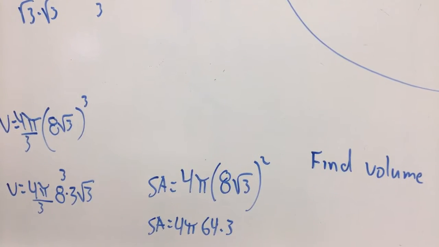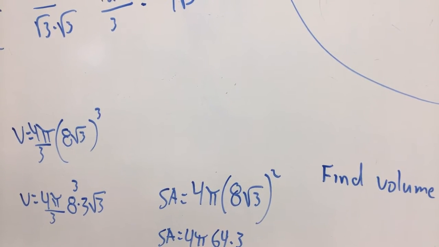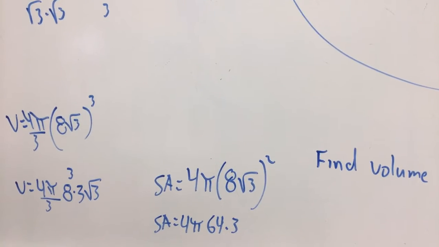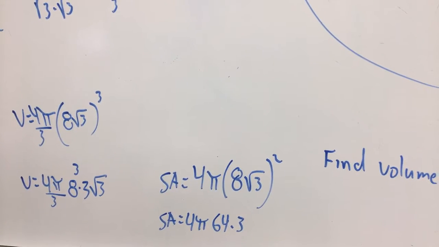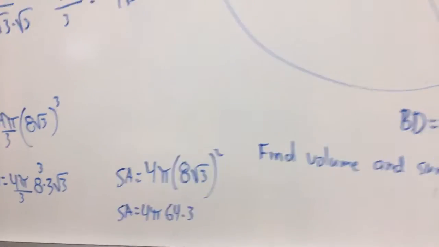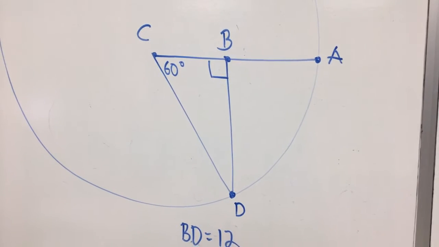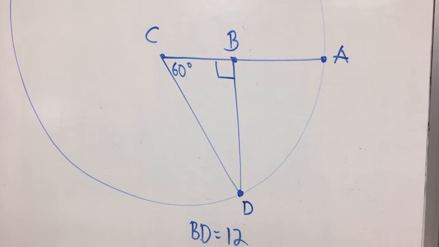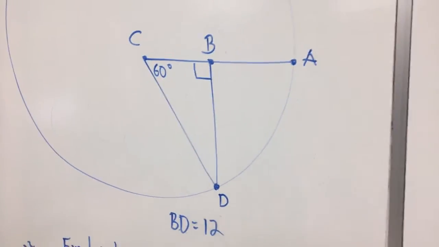Now, the surface area is 8 squared, 64, square root of 3 squared, 3. So the surface area would be 4 pi times 64 times 3, whatever that comes out to be, okay? So that's how you would do that problem. The whole puzzle here is recognizing that you've got a 30, 60, 90 triangle and remembering those ratios for the legs and the hypotenuse of a 30, 60, 90 right triangle, okay?